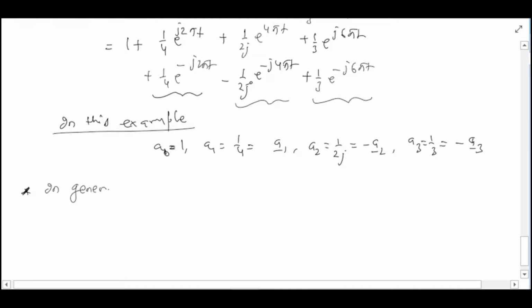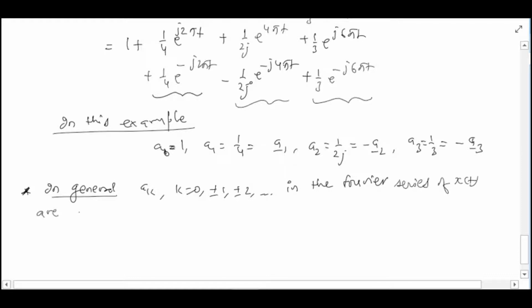In general, these terms a_k, for k equal to 0, plus minus 1, plus minus 2 etc., in the expansion in the Fourier series of x(t), are called Fourier series coefficients of x(t).